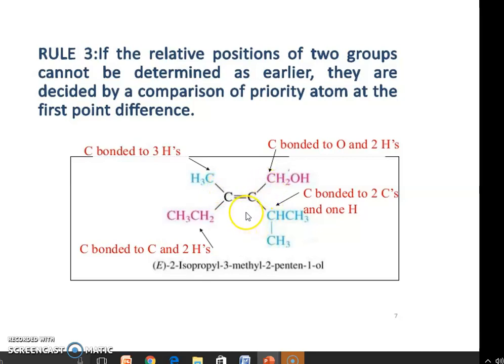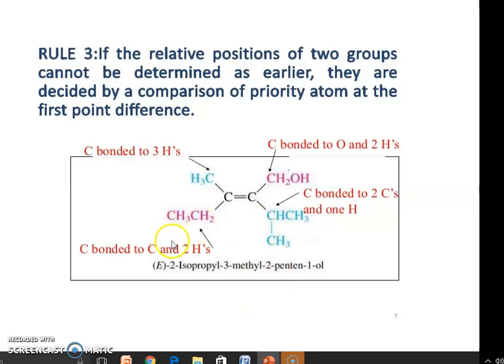Now what we have to do is decide the priority at the first point of difference. In this case carbon is bonded to 3 hydrogens. In this case the carbon is bonded to oxygen and 2 hydrogens, and in this case the carbon is bonded to 2 carbons and 1 hydrogen.